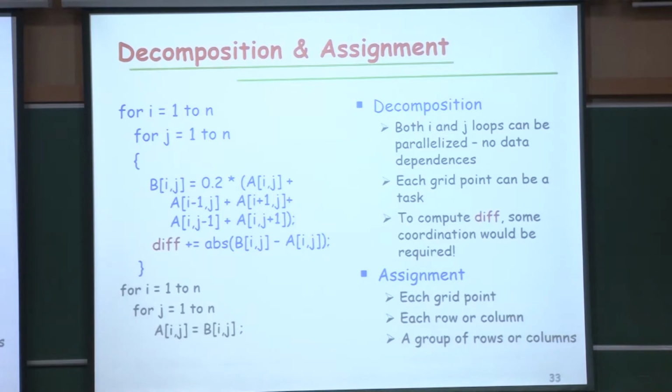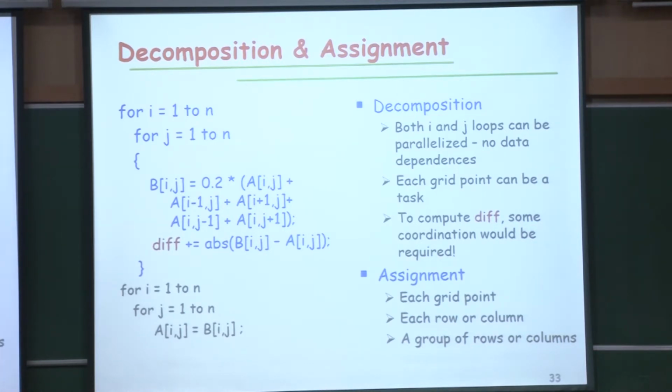And when I want to group these things, I can go from each grid point to each row of grid points or each column of grid points, or I can talk even about a block of rows or a block of columns, and then say that those are the tasks. So, I may go back to what Anurag was suggesting: divide this into 4, divide this into 8, or divide this into p, where p is the number of processes.